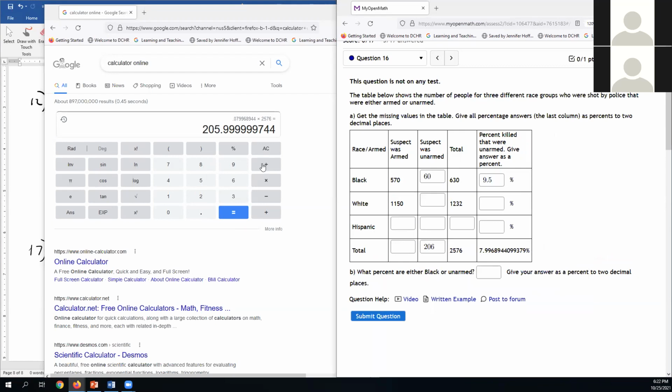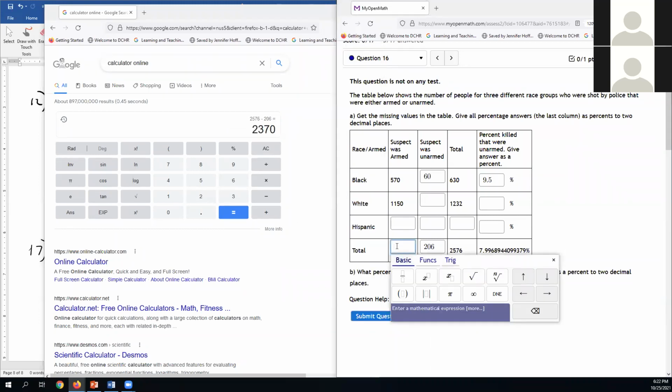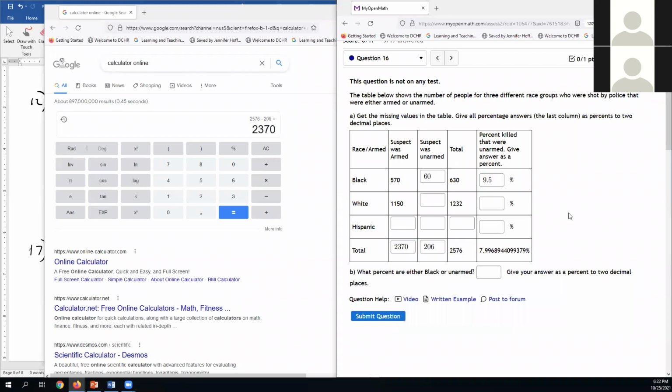And now that this is 206, you can get this by subtracting. I'll just take the total amount, the 2576, and subtract off the 206. And that means 2307 were unarmed. We're armed, 2370. And by the way, with the Excel sheet I have that gives you the real data, some people are armed with a writing pen.